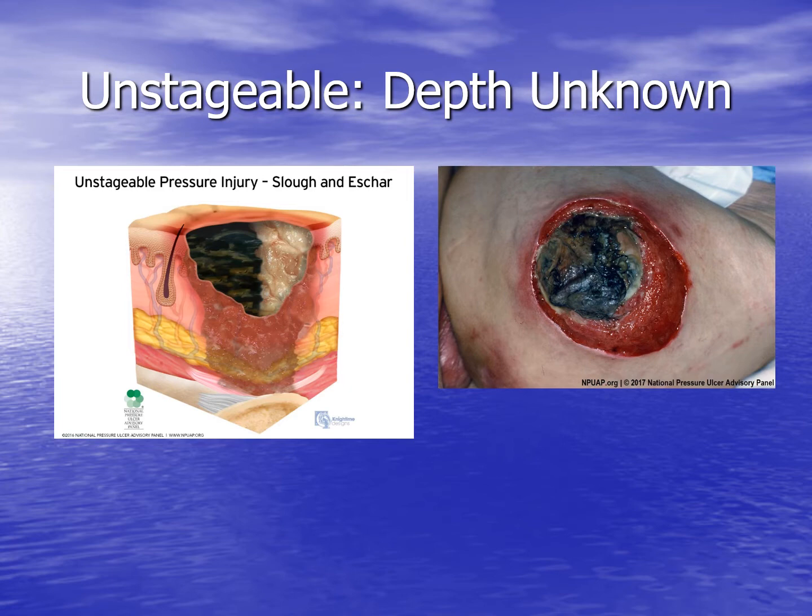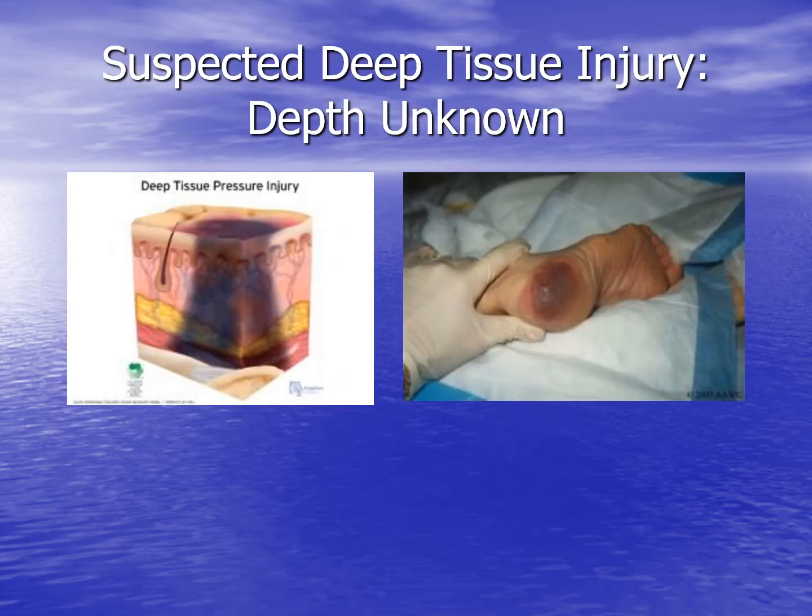It's completely dead, and it would have to eventually come off the wound, because it's just not going to heal. But we don't know how deep the damage is just looking at it. You also get suspected deep tissue injury, also depth unknown. This is how it may appear on the heels.